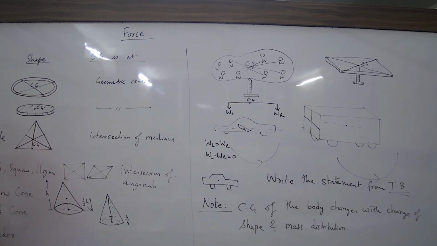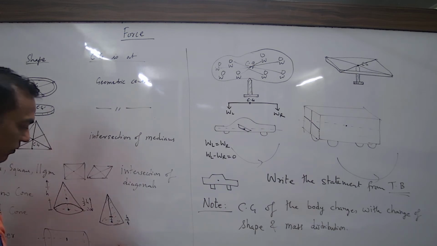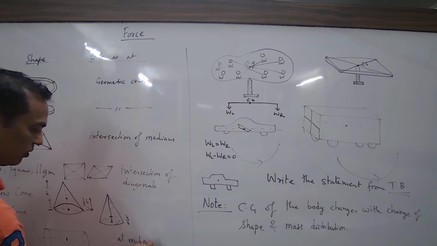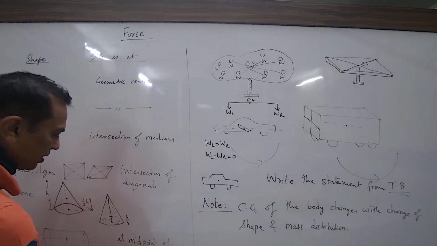Right? What about cylinder and a rod? So cylinder is this kind of an object. What is the axis of cylinder? So it is at the midpoint of the axis. So for cylinder it is at the midpoint of axis of cylinder.